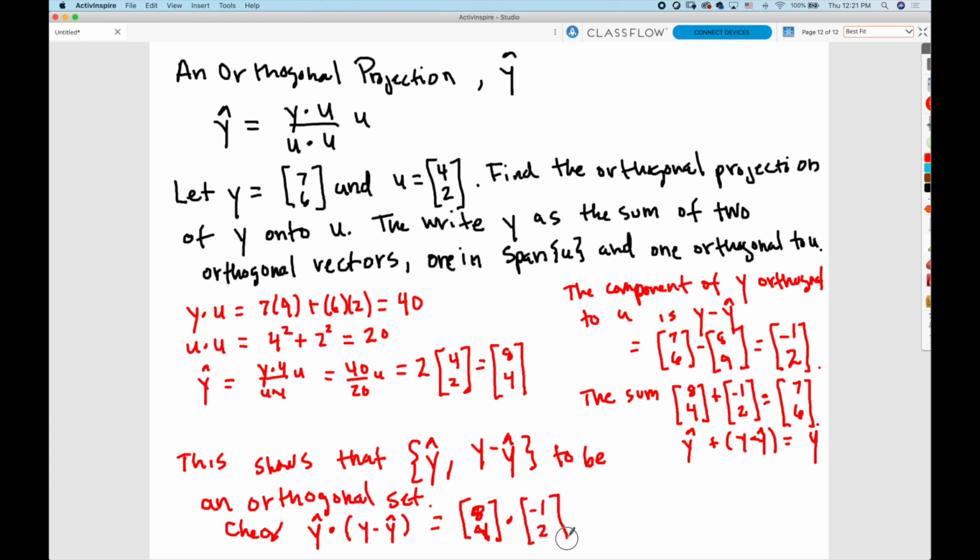I need to check to make sure that's 0. All right, so the transpose will be 8, 4 times negative 1, 2. So that's negative 8, 8 times 1 is negative 8, plus 4 times 2. And of course, I get 0. So it's true that this is an orthogonal set.